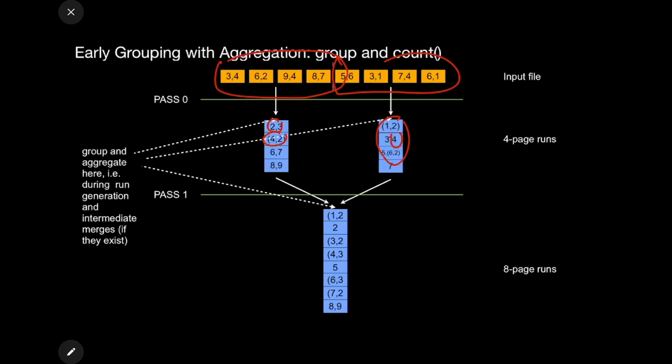That may be a huge game changer depending on how much you can compress this stuff, but for this count star situation, or if it were a sum aggregate or something like that, that's a big thing. So if you keep the 1 terabyte of data, sort it first and then aggregate, versus while sorting the terabyte, you compress like crazy into this run length encoded representation, that's a huge thing.